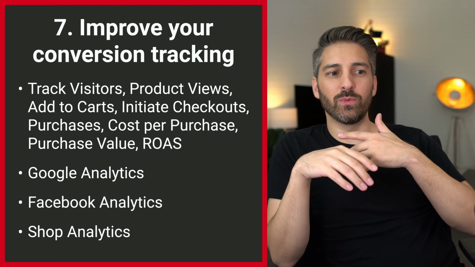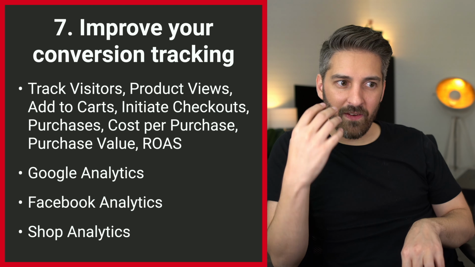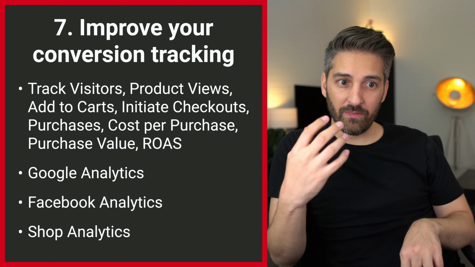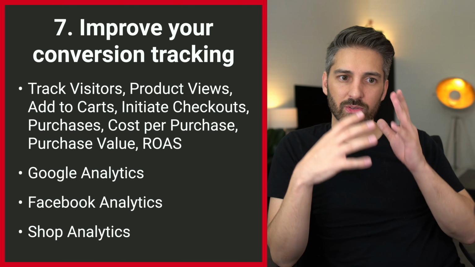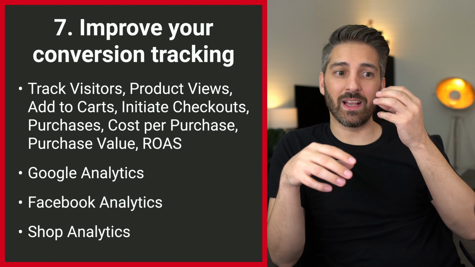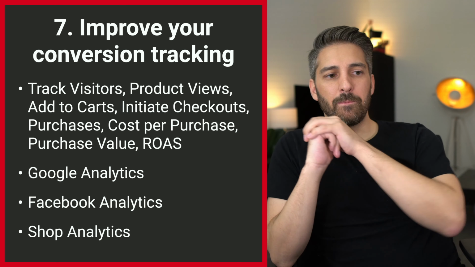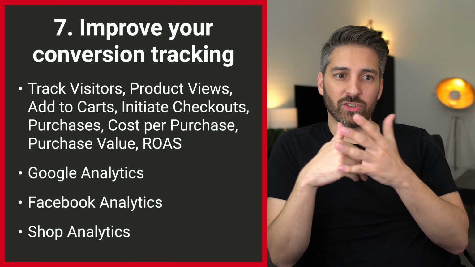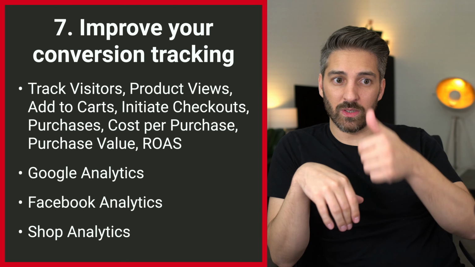You should be able to figure out what the cost per purchase is and how much value you made per purchase in terms of revenue. And then you want to be able to calculate the ROAS, the return on advertising spend. That is how much value you got out of your costs. So value divided by costs, usually expressed in percentages. A ROAS of 200% means you put in €1, you get 2 out.